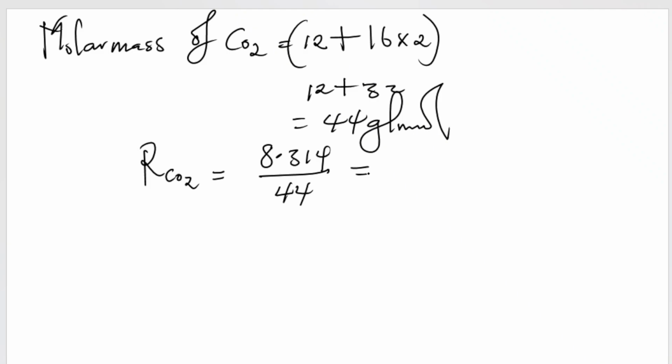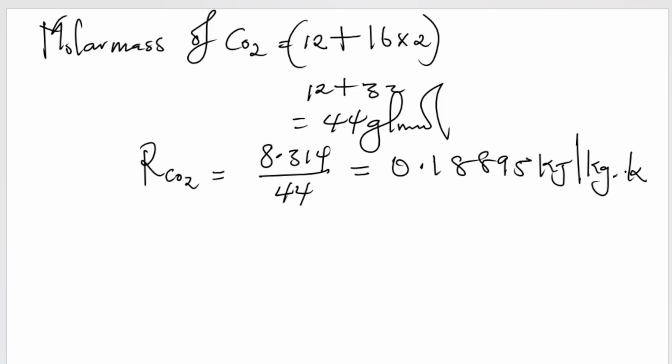If you do your calculation with your calculator, you have the gas constant for CO2 to be 0.18895 kilojoules per kilogram per Kelvin. So this is the value for your gas constant for CO2.